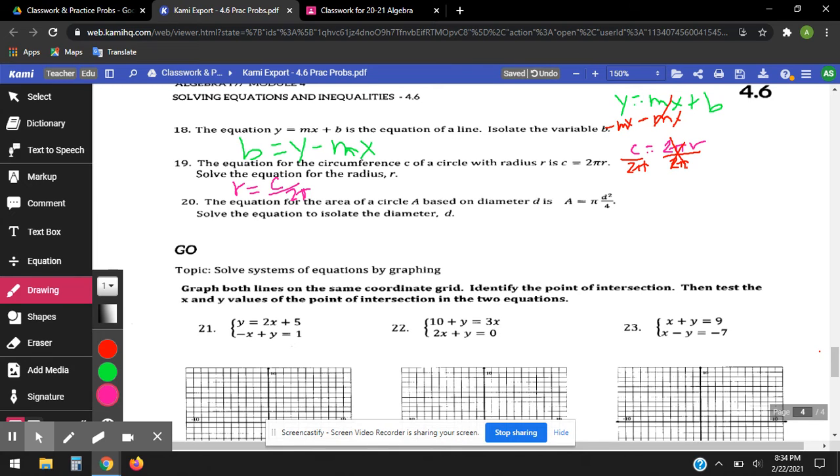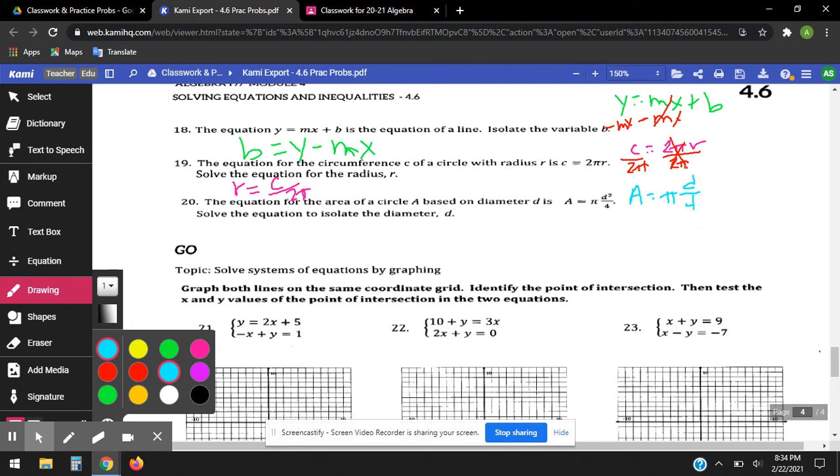All right, 20. The equation for the area of a circle based on a diameter d is A equals pi times diameter squared divided by 4. Solve the equation to isolate the d squared, or just the d. All right, so let's try our blue for this one. So A equals pi d squared over 4.